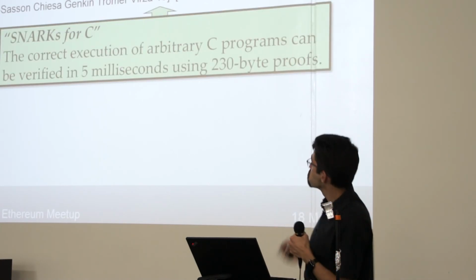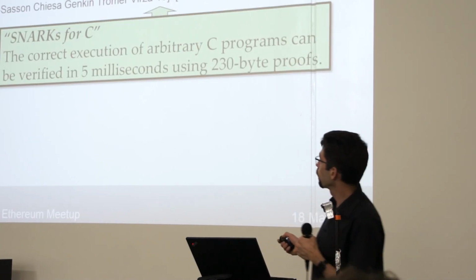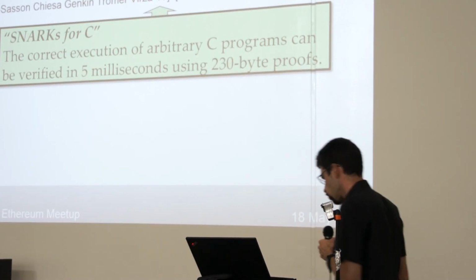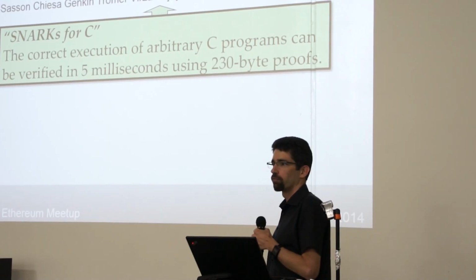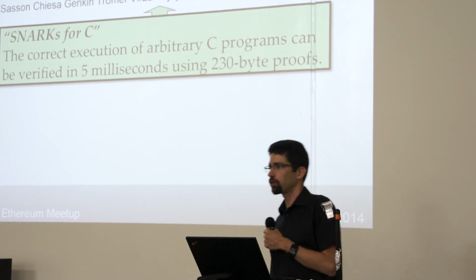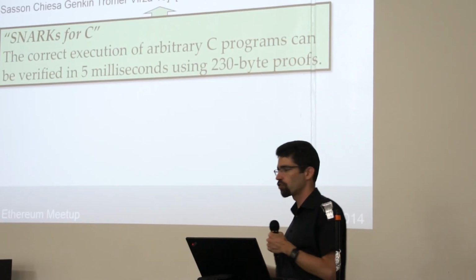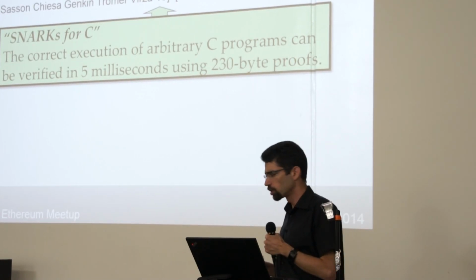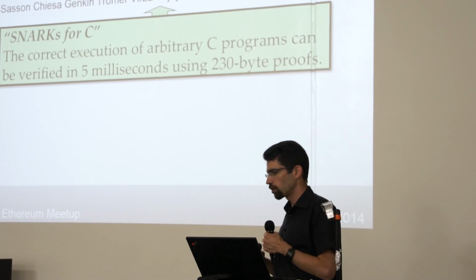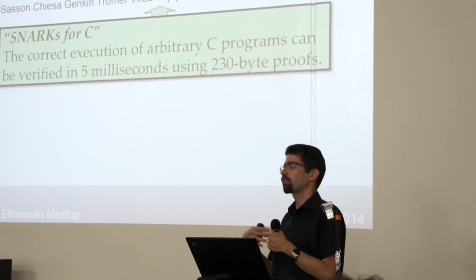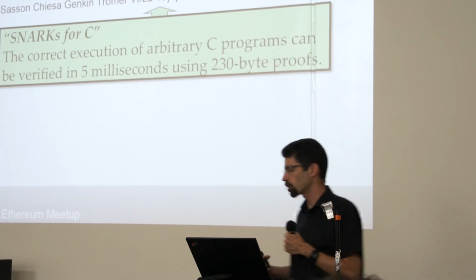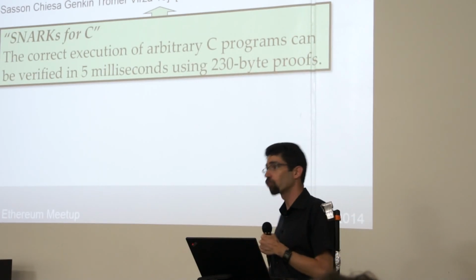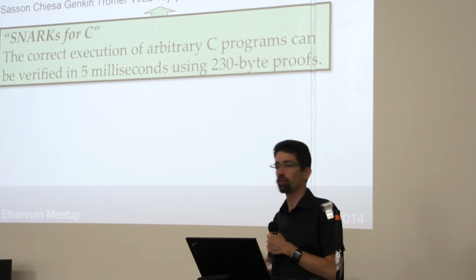And to give one example, this paper called Snarks for C shows a system that lets you verify any C program. It takes any C program and compiles it using a customized GCC compiler into one which doesn't just produce the output, but also produces a proof that the output is correct.